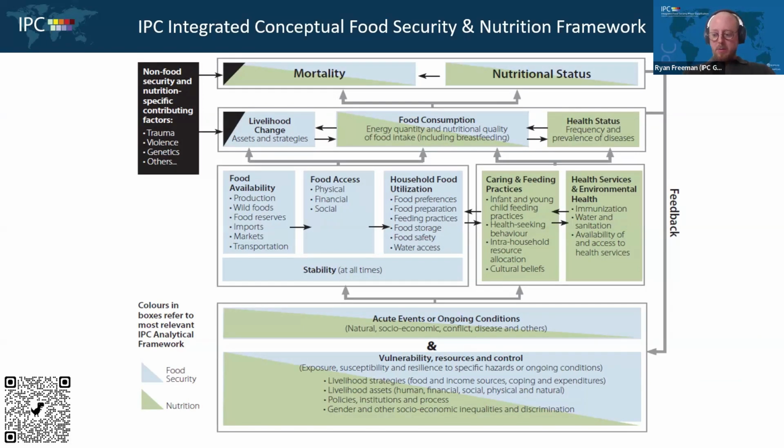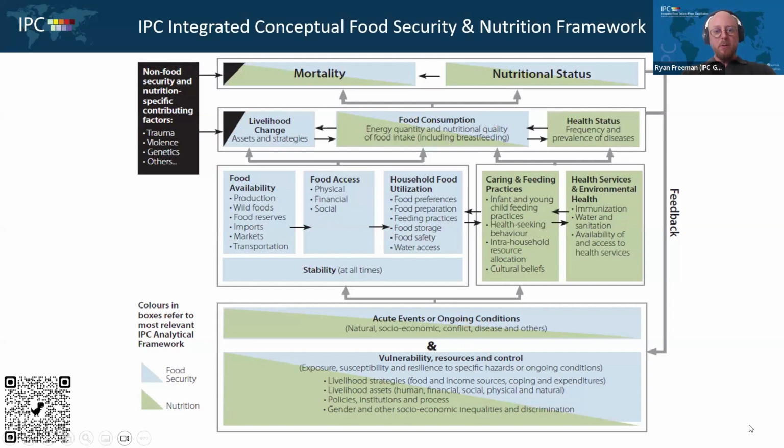Now, as Yanni was mentioning, we are in over 30 countries. We conduct regular analyses every year, anywhere between 60 to 80 analyses, both on food security and nutrition. And this is a particular framework that allows us to do that.